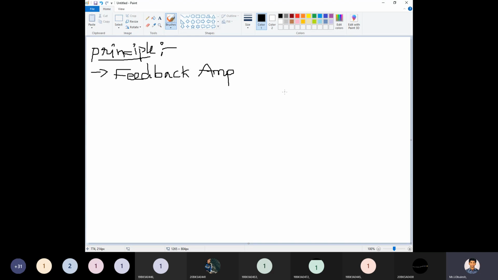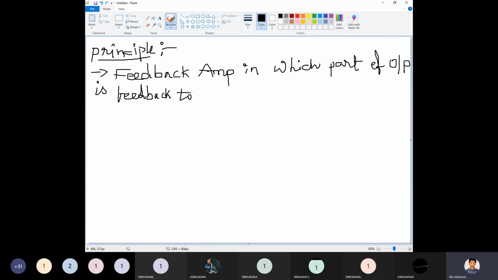Which means that the output of this oscillator will be connected to the input through a feedback circuit.